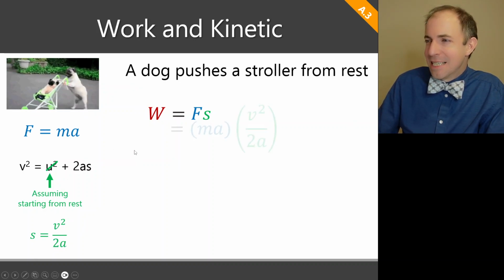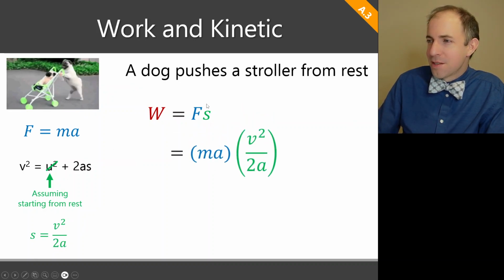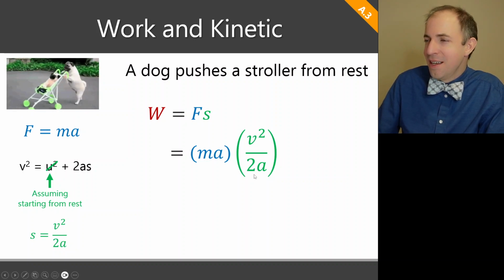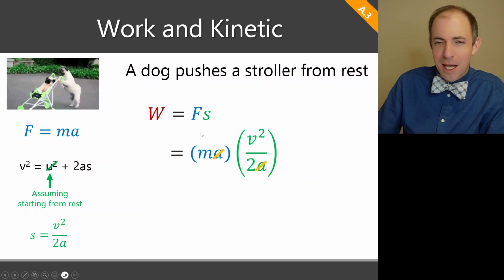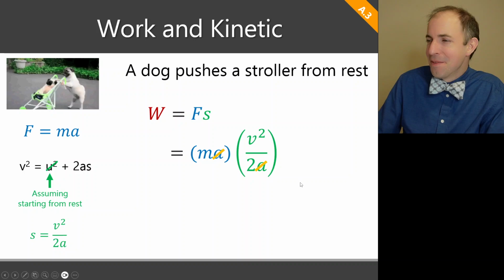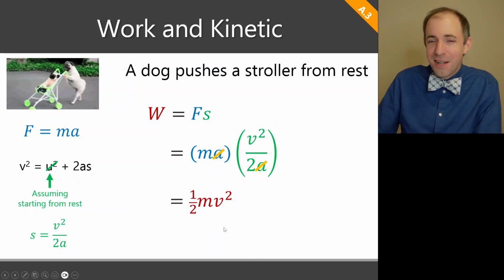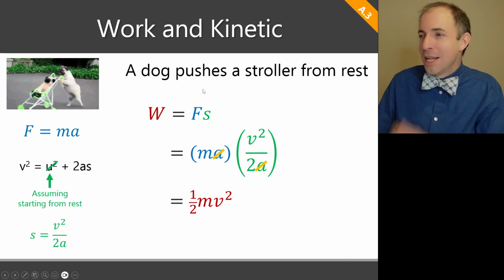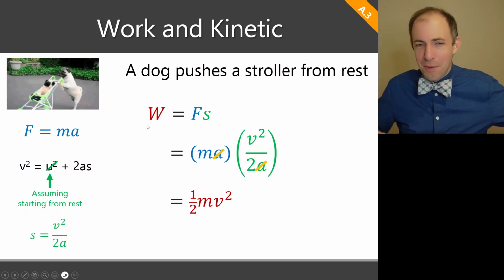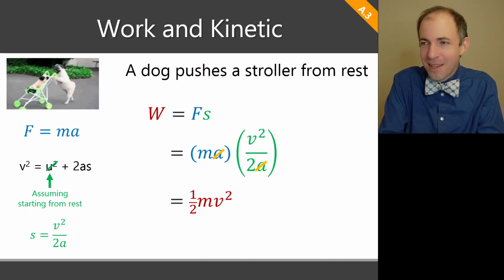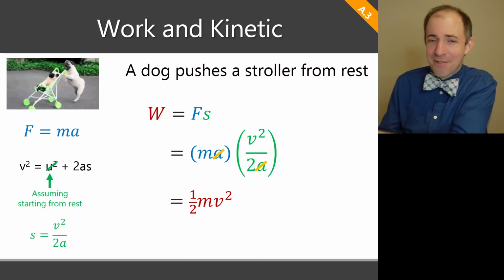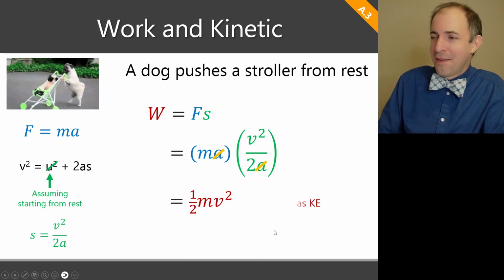I can plug these in for my force and my displacement, respectively. And you'll see that acceleration shows up on the top and the bottom. And what I'm left with is just mass times velocity squared over 2, or 1/2 mv squared, which shows that if you are starting from rest, the work that you do can be converted into a kinetic energy, 1/2 mv squared.